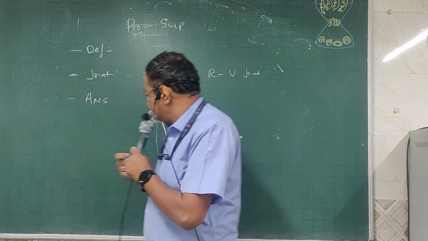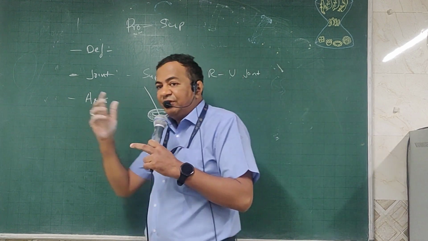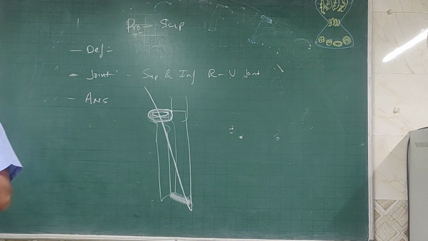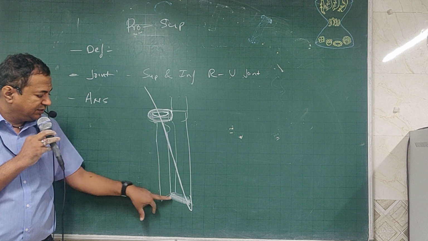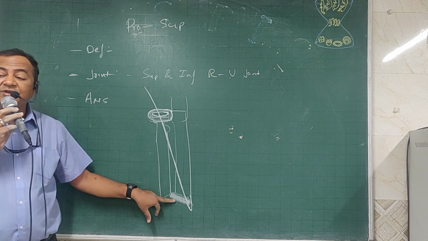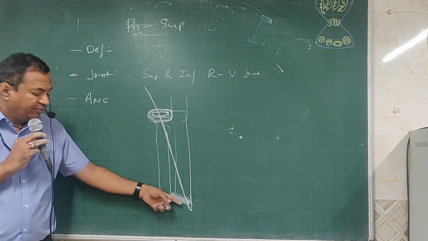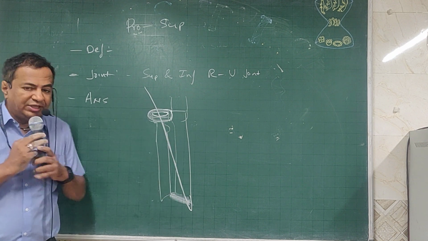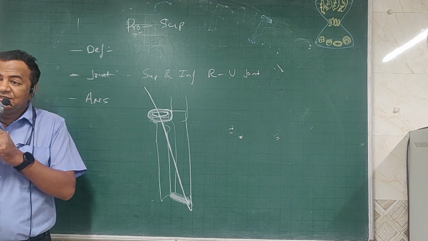So now because the axis goes like this, when we talk about the wrist joint, ulna doesn't participate in formation of the wrist joint. Okay, it's the radius and the articular disc of the inferior radioulnar joint. I'll talk about wrist joint later, but just remember this. So basically all the carpals are attached more to the radius.